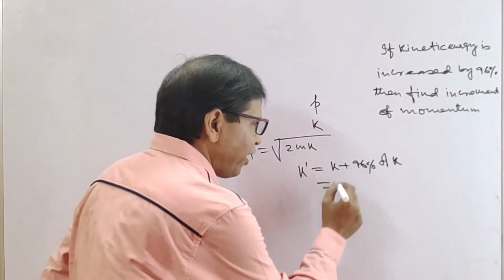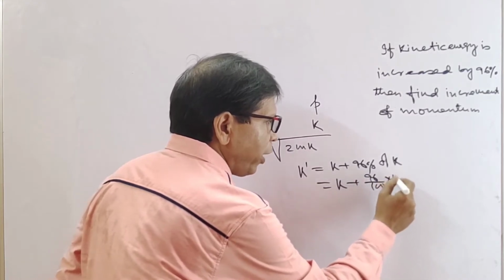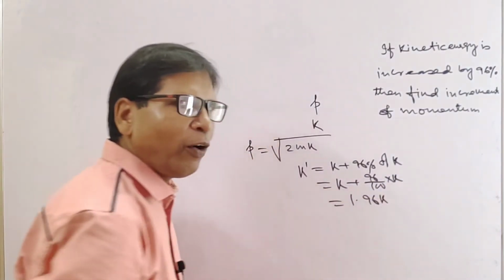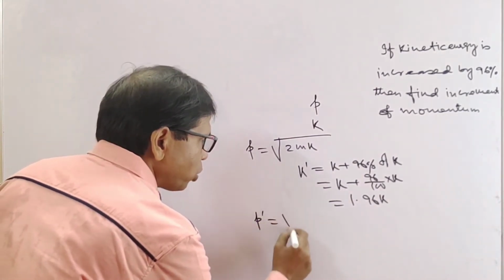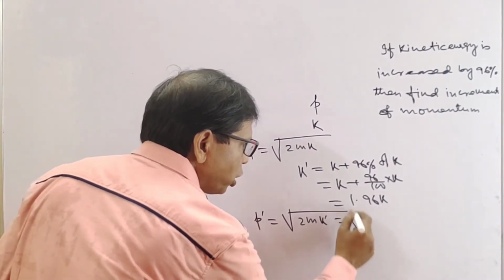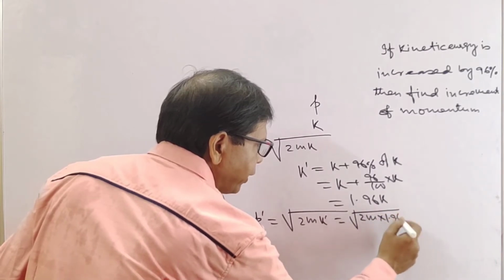Now K + (96/100) × K, so this is 1.96K. Now we have to calculate p'. Now p' = √(2mK'), therefore this is √(2m × 1.96K).